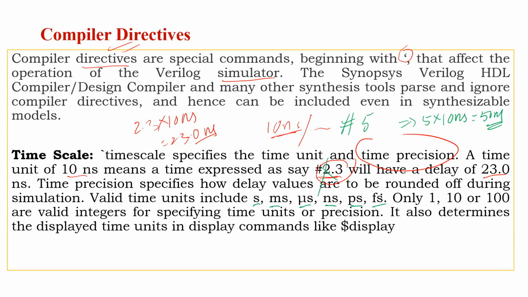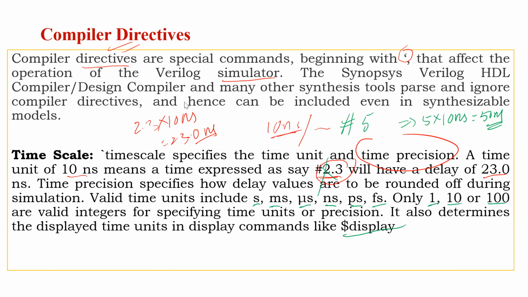Only 1, 10, and 100 are valid for specifying the time unit or precision values. It also determines the displayed time units in display commands like $display.